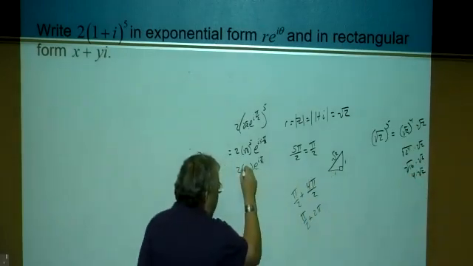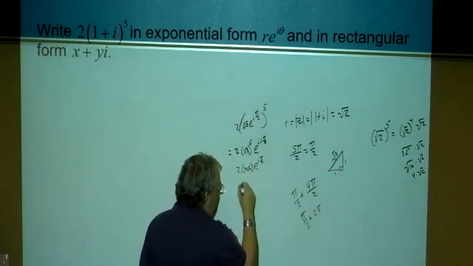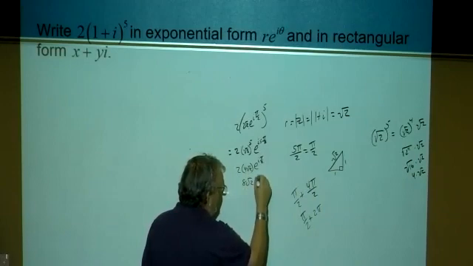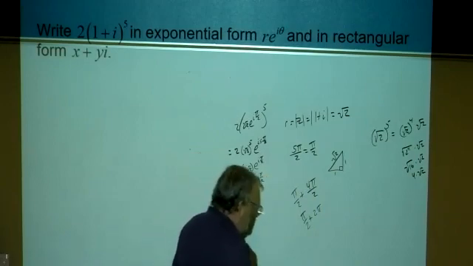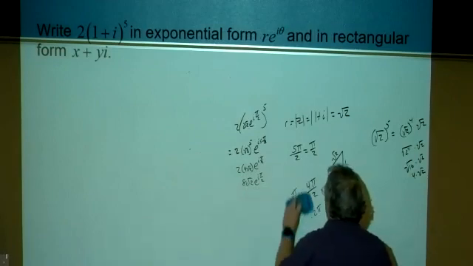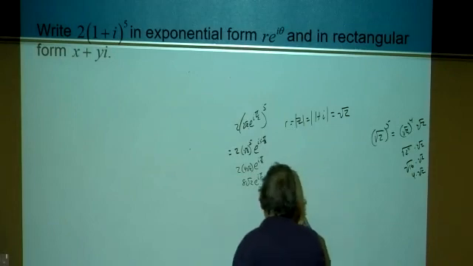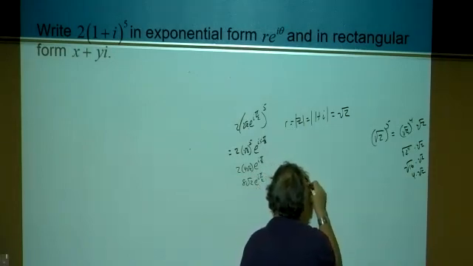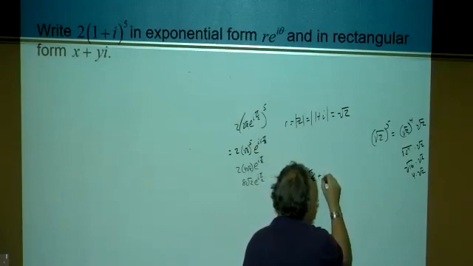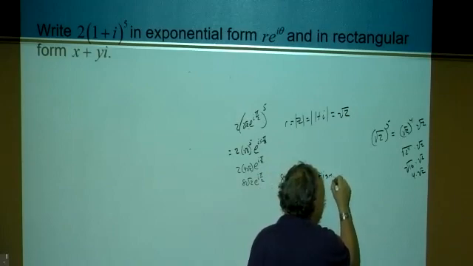So here we have 4 times the square root of 2, which is 8 times the square root of 2, e to the i pi over 2. And then writing this in polar form, we have 8 square root of 2 times the cosine of pi over 2 plus i sine of pi over 2.